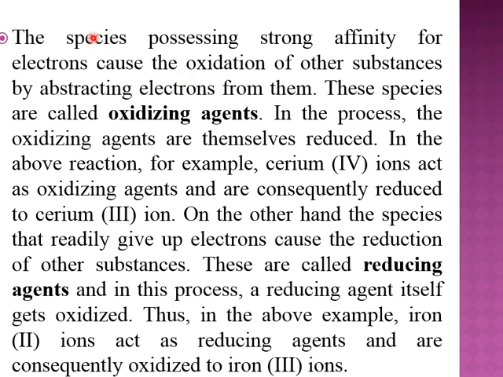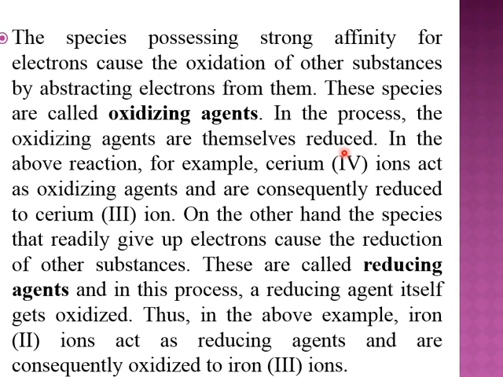Repeating again: a species possessing a strong affinity for electrons causes oxidation of other substances by abstracting electrons from them. These species are called oxidizing agents, but they are themselves reduced because they gain electrons.